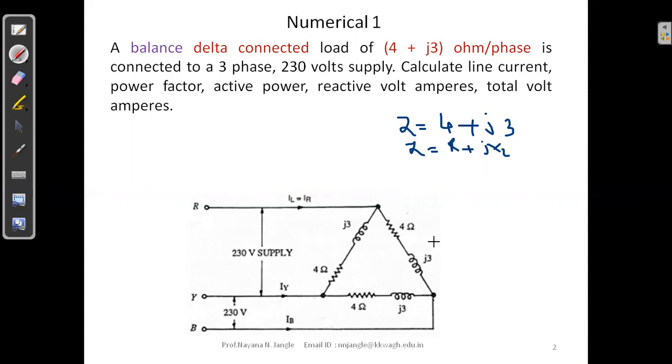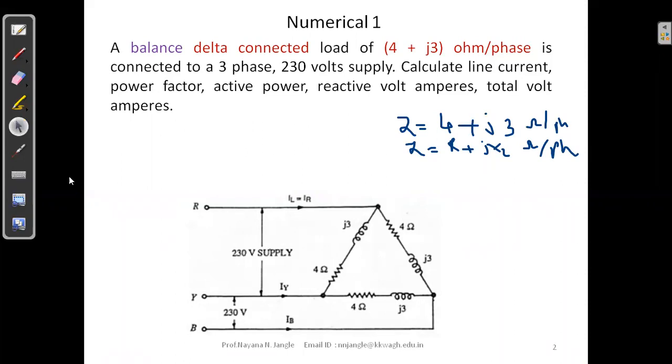So here it is your Z, as it is a balanced load. All three branches will consist of 4 ohm resistance and inductive reactance of 3 ohm. It is ohm per phase.